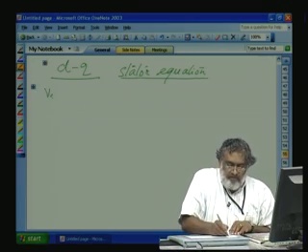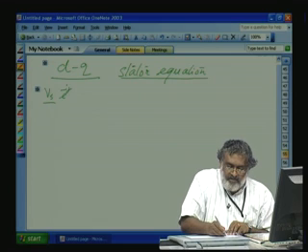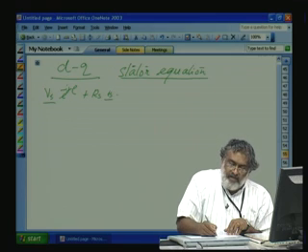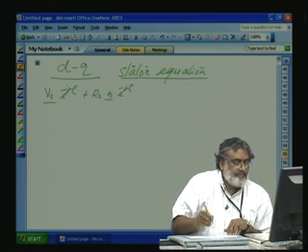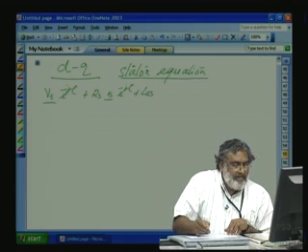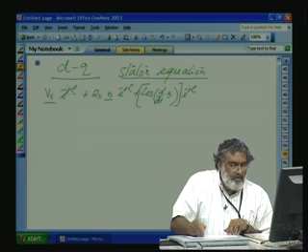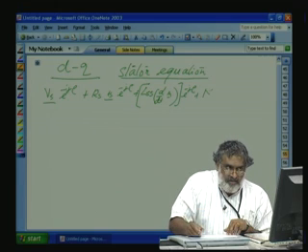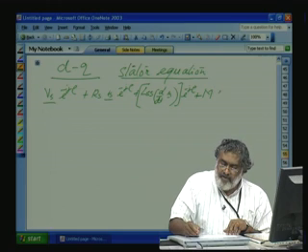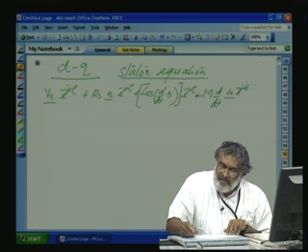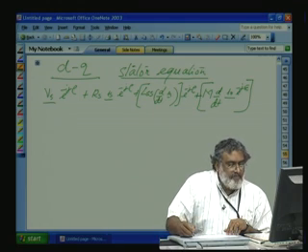That is Vs e raised to minus j rho plus Rs Is e raised to minus j rho plus LSS d by dt Is e raised to minus j rho plus m into d by dt IR defined with respect to the rotor axis, transferred to the stator, and then finally to the dq.